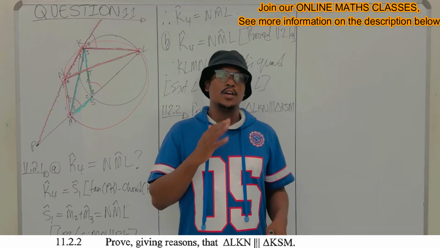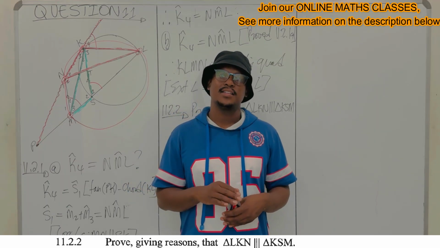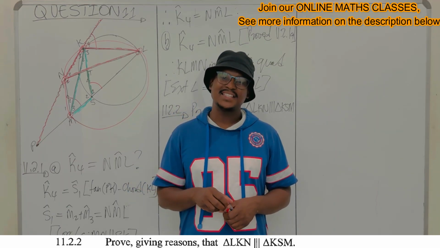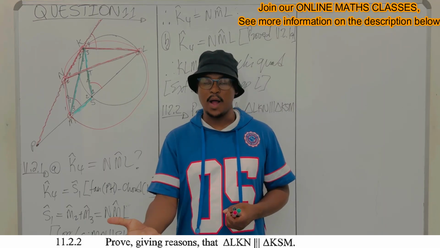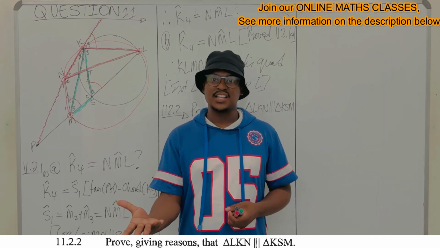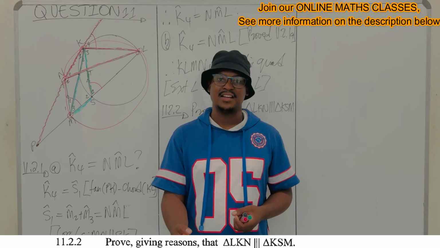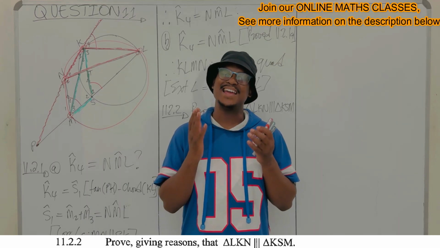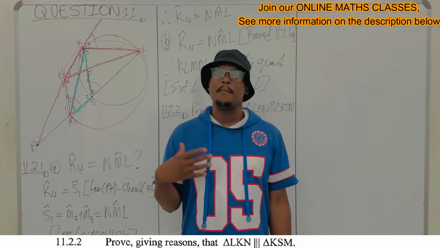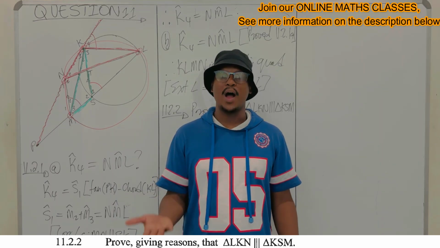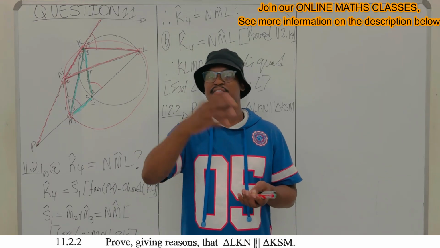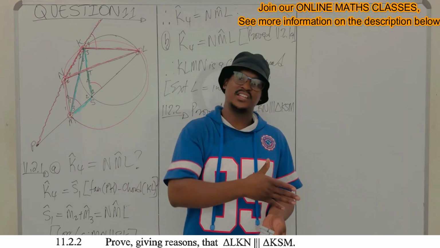So when you're saying two triangles are similar, you are basically saying they are scaled versions of each other. The scale factor can be 1. If the scale factor is 1, the two triangles are identical, which is, they're congruent. But the scale factor might not be 1, which means one triangle is a bigger version of the other, or one is a smaller version of the other.